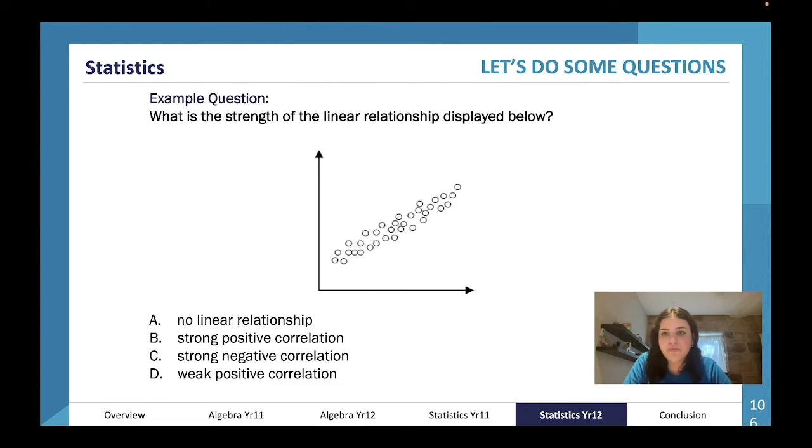Example question: what is the strength of the linear relationship displayed below? I'm going to give you about 20 seconds to pop it in the chat.